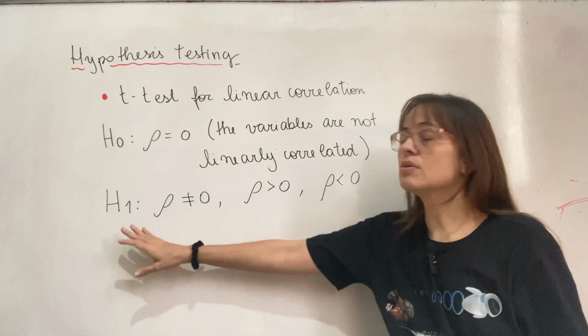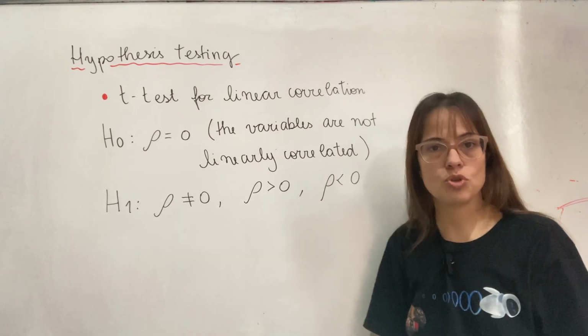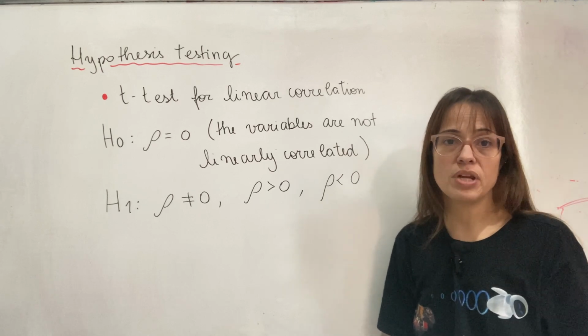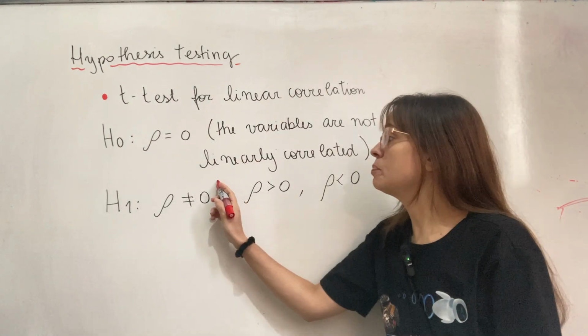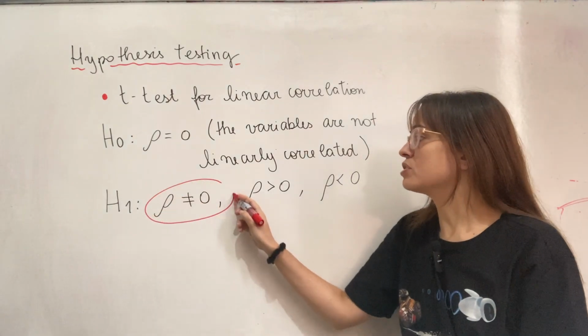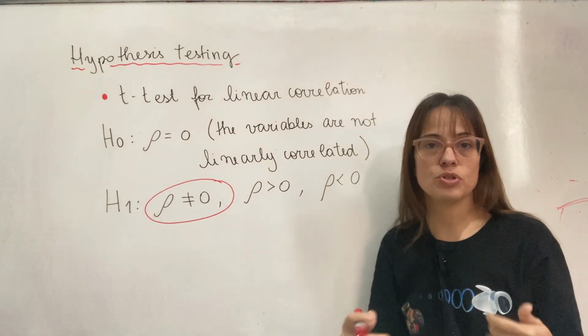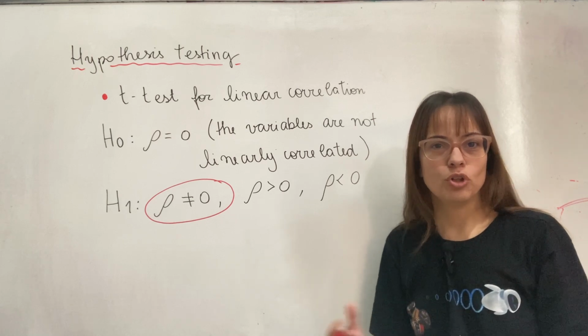And as for the alternative hypothesis, you get to choose which one of these 3 you want, depending on your context. And again, this is very similar to what happened in the other video for the other t-test that we did. For my purposes today, I think that the most adequate one is this. It is a two-sided test or a two-tailed test because I'm basically asking random or not random.